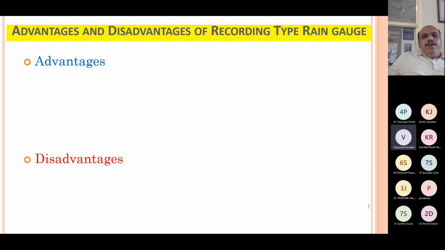Yes, unmute and speak. Now you are aware of the procedure of how the rainfall is recorded in non-recording and recording types, so from that you can answer this question. What are the merits or advantages of recording type of rain gauges?